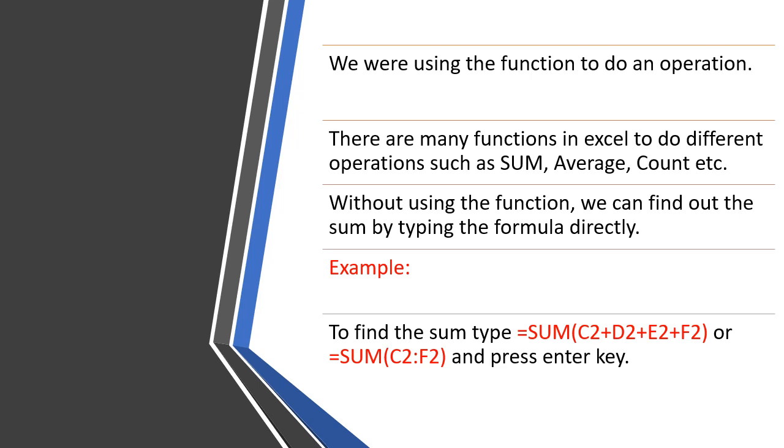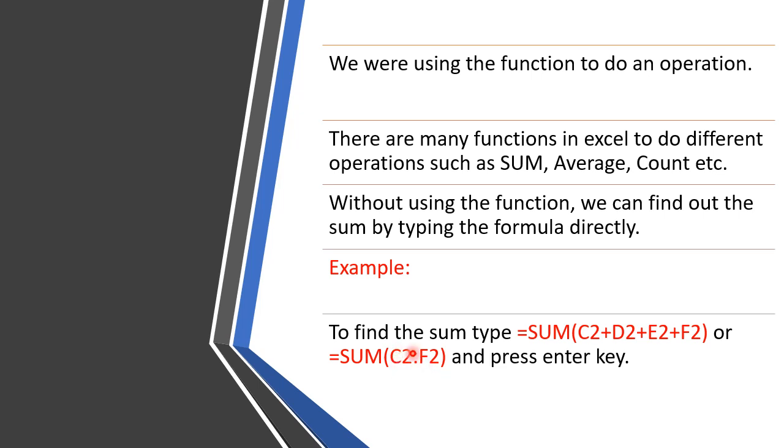For example, to find the sum, type equal to sum bracket C2, the cell address of the first number, plus D2, the cell address of the second number, plus E2 plus F2. Or otherwise, we can type equal to sum bracket the cell address of the first number colon the cell address of the last number.